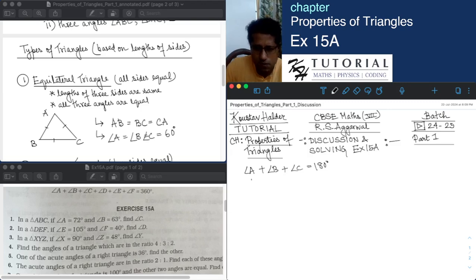If the triangle is equilateral, then all the sides of the triangle are equal.